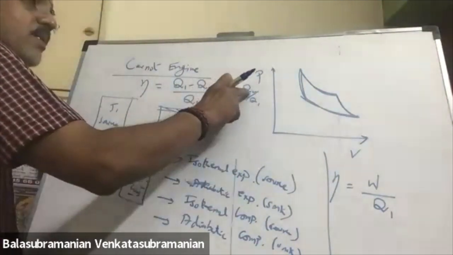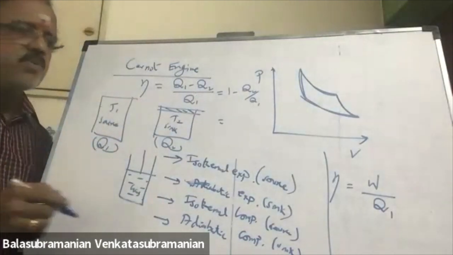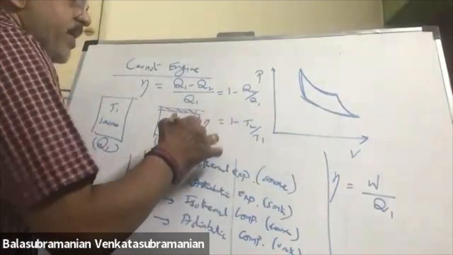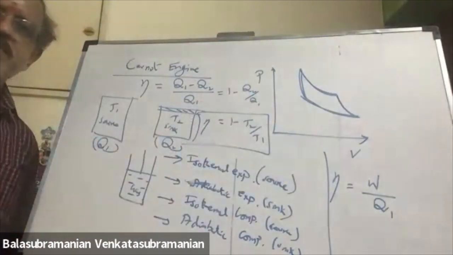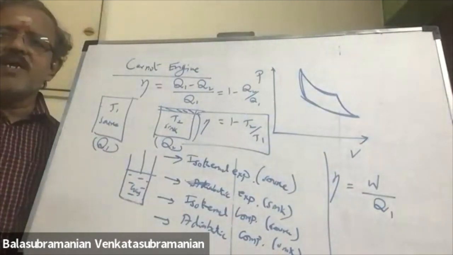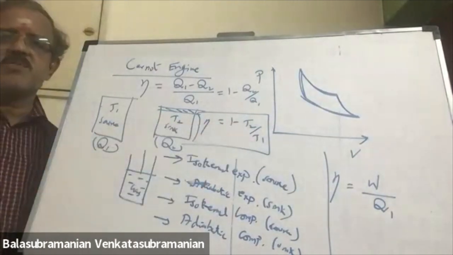We can prove heat energy is directly proportional to temperature. So efficiency will be 1 minus T2 by T1. T2 is the temperature of the sink, the lower temperature. T1 is the temperature of the source, the high temperature.